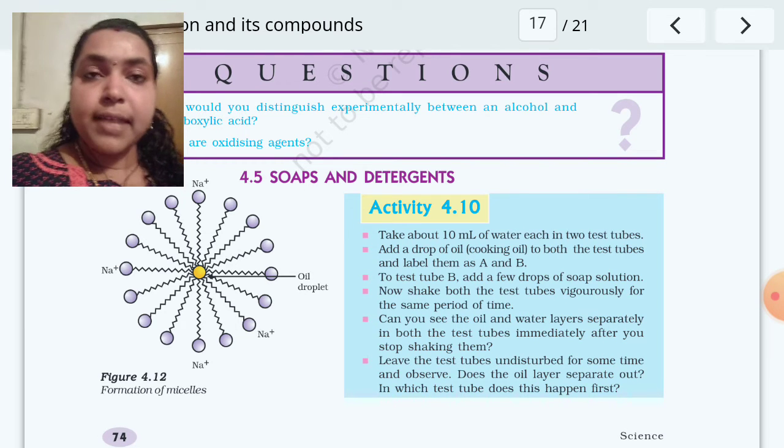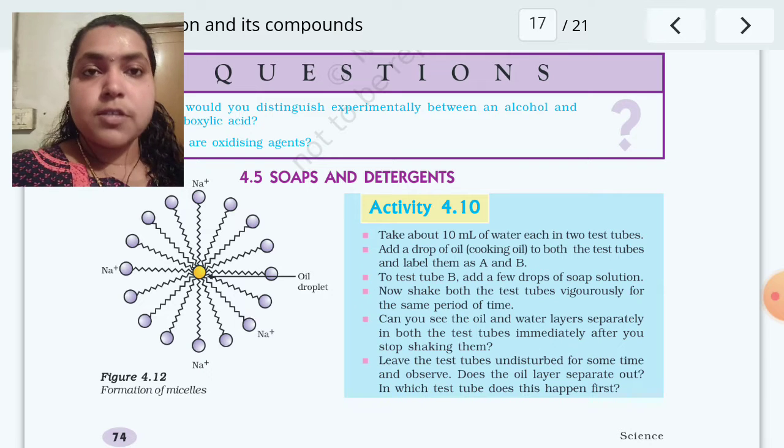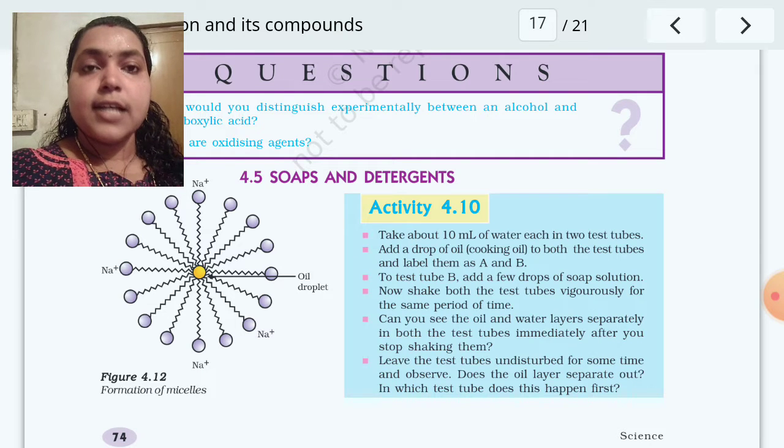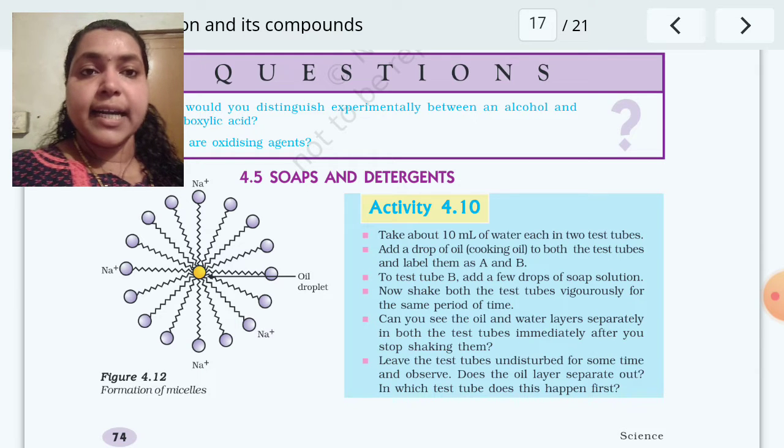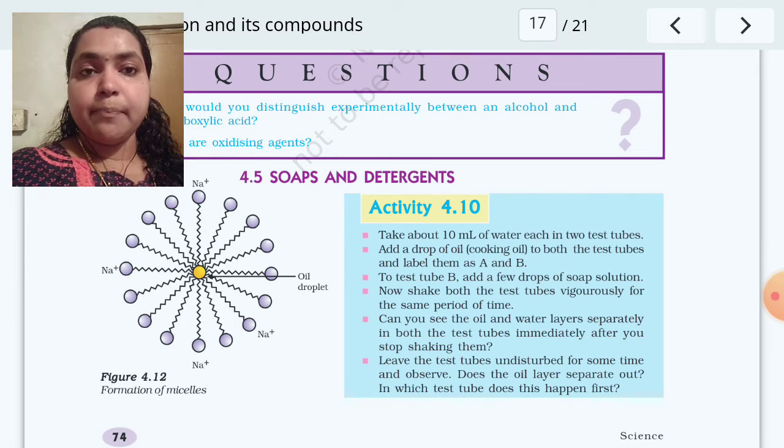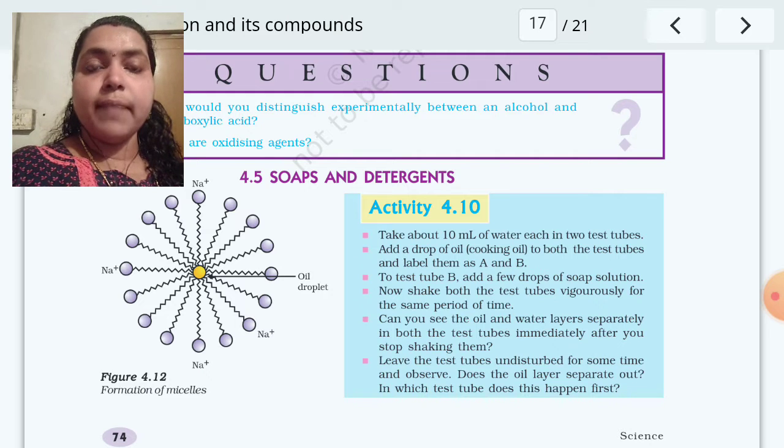A micelle is a cluster of soap molecules that covers oil droplets. That oil droplet is the dirt, as dirt particles are always oily in nature. Around that oil droplet there is a cluster of soap molecules, and each soap molecule contains one hydrophilic part and one hydrophobic part.